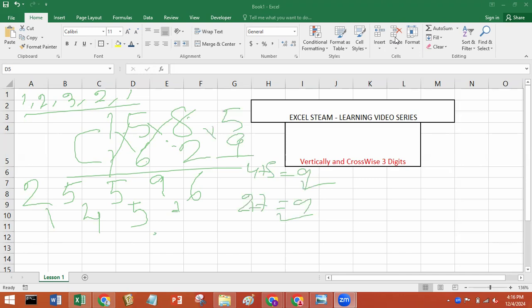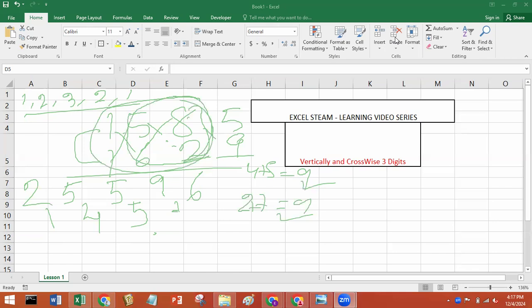Just a quick recap of what we did. When you have three digits, you start with the unit digits and multiply them vertically. Then you take two digits at a time and crosswise multiply and add. Then you take three digits, again doing crosswise and vertical, and add.